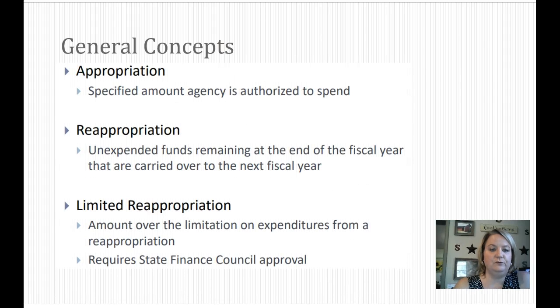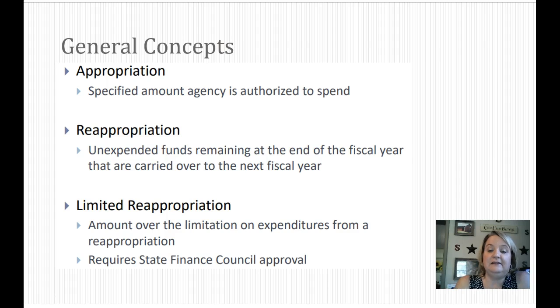So, to go over the general concept of a state budget, appropriation is a specified amount the agency is authorized to spend. Reappropriation, that is the unexpended funds remaining at the end of the fiscal year that are carried over to the next fiscal year. So if you have any money left over, if you're lucky enough, they will carry it over to your agency the next fiscal year.